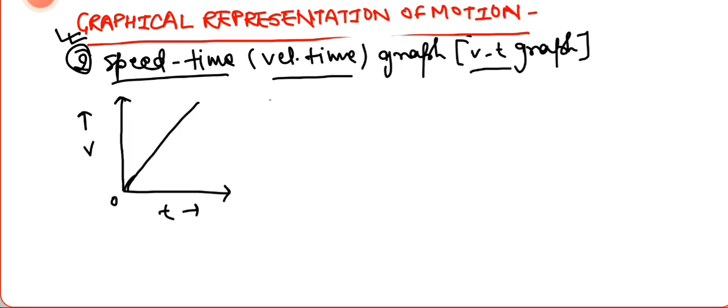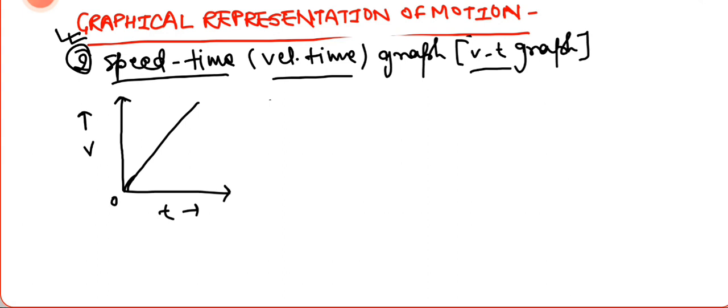Since it is a straight line, we have studied in the first graphical representation that a straight line represents uniform motion, therefore here it is representing uniform acceleration. Why uniform acceleration? Because the velocity is changing uniformly at equal intervals of time.